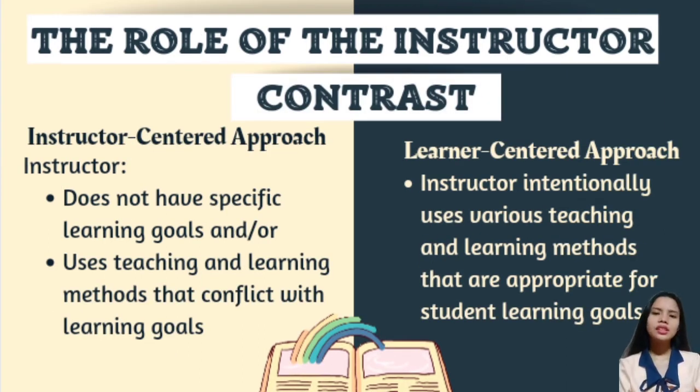In the teacher-centered approach, the instructor does not have specific learning goals and or uses teaching and learning methods that conflict with learning goals. Therefore, it is ineffective. In the student-centered approach, the instructor intentionally uses various teaching and learning methods that are appropriate for student learning goals.